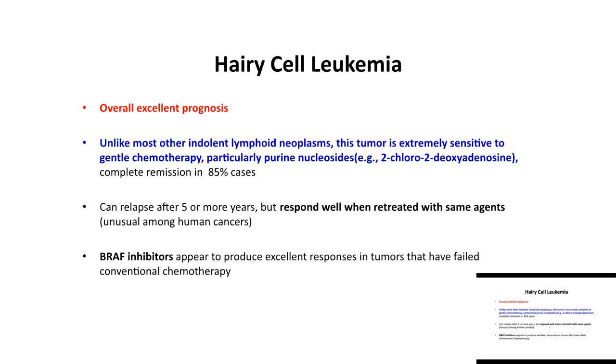Response to BRAF inhibitors, excellent response. One of the explanations for this is that it's probably not just the V600E mutation that is responsible for the poor outcomes in melanoma. There are a lot of other mutations that probably contribute to the dismal outcomes, especially when it has metastasized.